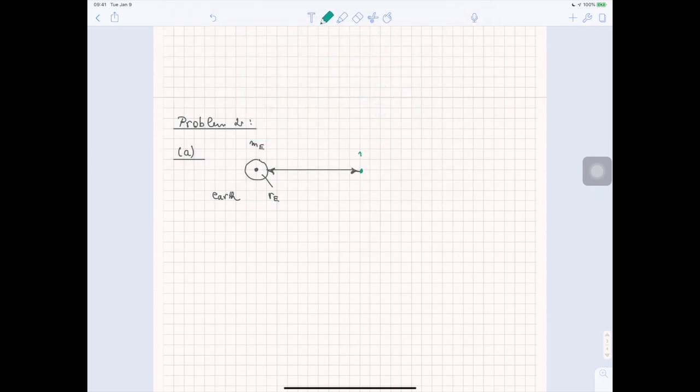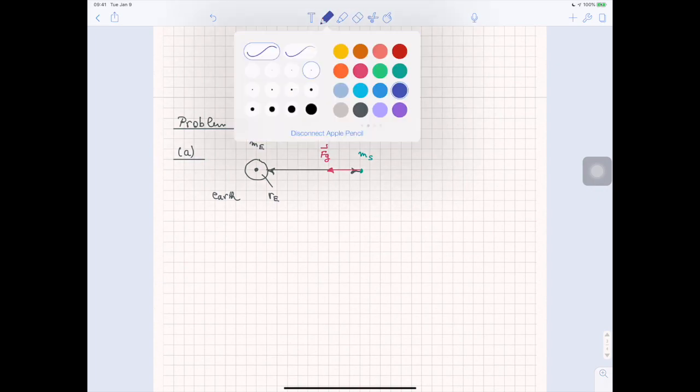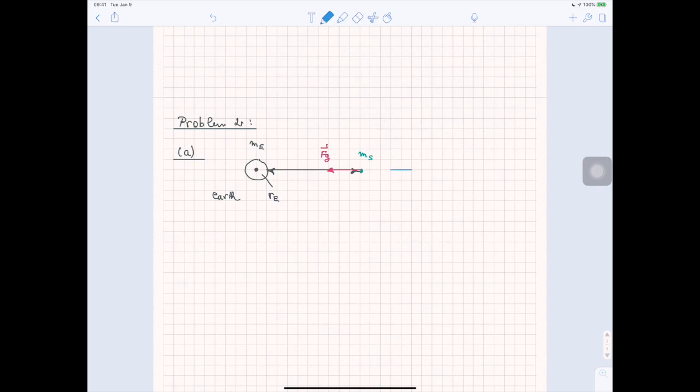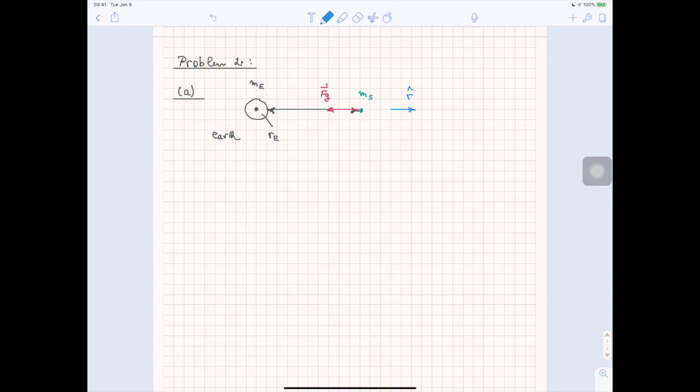This is the satellite M_S, and the force vector acting on the satellite is just the gravitational attraction F_G from the Earth onto the satellite. Proper unit vector direction here: the radial unit vector r hat pointing radially outward. So now, r is h plus R_E.